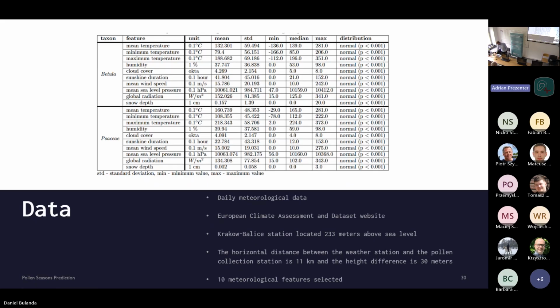The main issue here is that this meteorological station is 11 kilometers away from the pollen station. That's a small issue. We somehow elaborated on it, but we simply didn't have any other data for that.